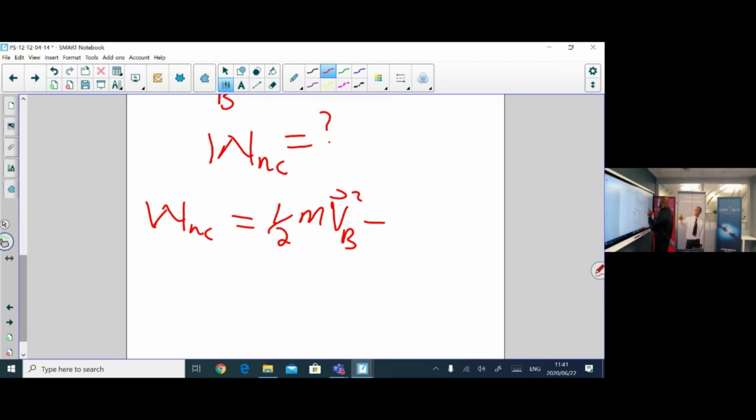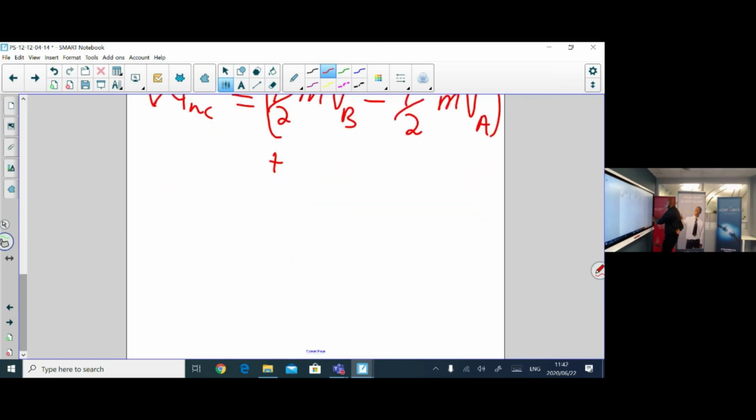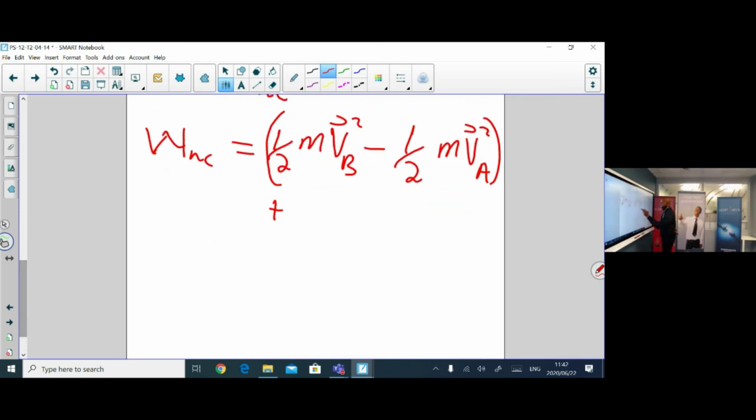Remember, according to the formula of non-conservative, we have W and C equals the change in kinetic energy plus the potential energy. Let me start with the kinetic energy here: minus half m v at A squared. Plus, remember, this is the mechanical energy of the system. We have to add. That is the total mechanical energy.